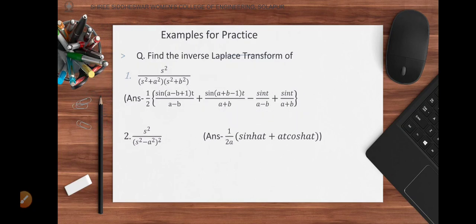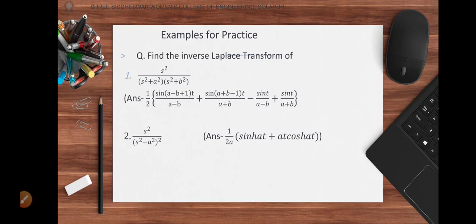Now you may verify the answer for this first example with the given answer. Second example: s square upon (s square minus a square) whole square. This example is very similar to the first solved example in this video. Since the s square minus a square term is in the denominator, you will get terms with hyperbolic functions.